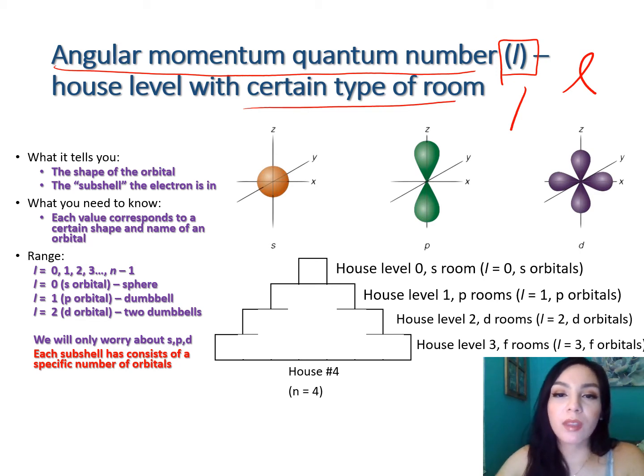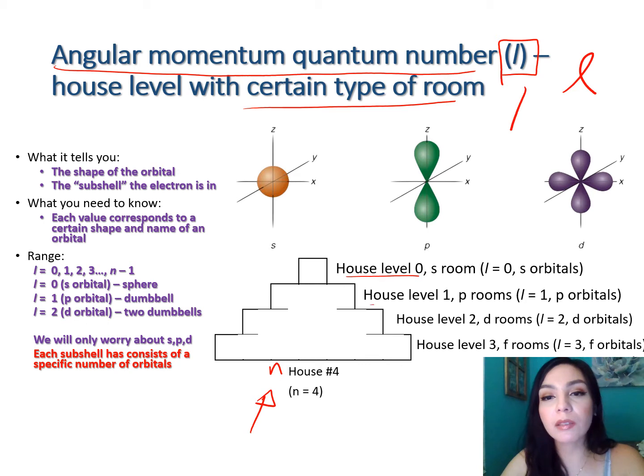So here you see house number 4, for example. Remember, that's our n value. This house has a total of 4 levels. So here you can see house level 0, house level 1, house level 2, house level 3. Now, keep that in mind, but let's talk about what this actually is.